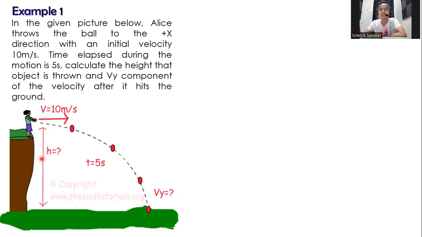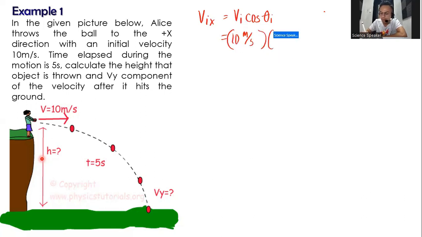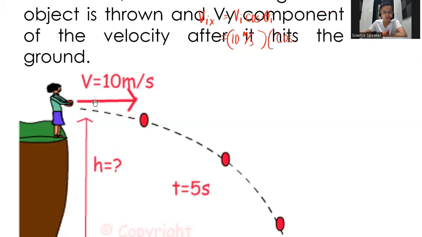So the very first thing that you're going to do is really to solve for the x and y components of your initial velocity. So let's try to solve it. In this case, we have v sub ix is equal to v sub i cosine theta sub i. Now, if we substitute, the initial velocity is 10 meters per second. You multiply that by cosine theta. Let me zoom it in.